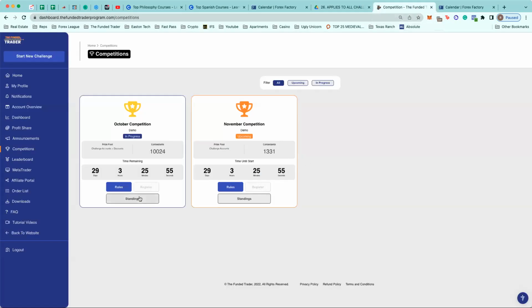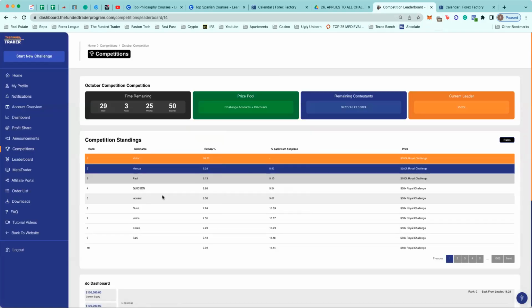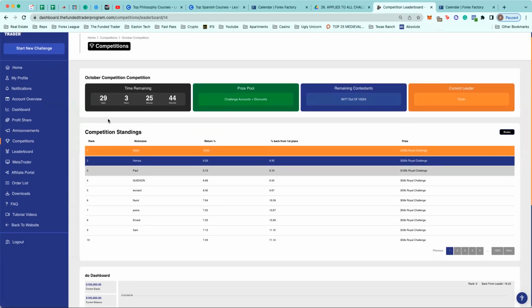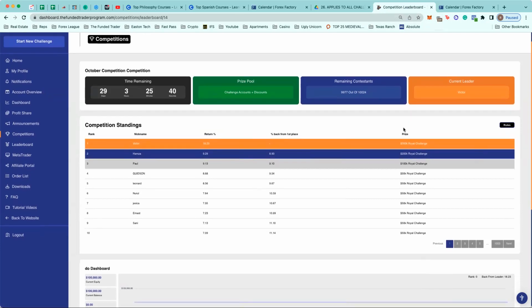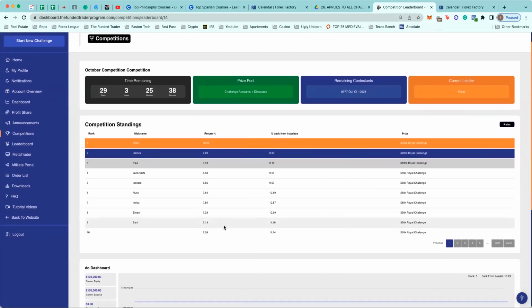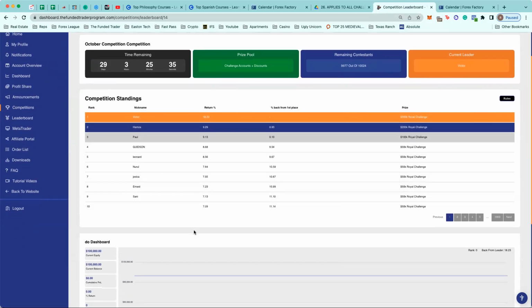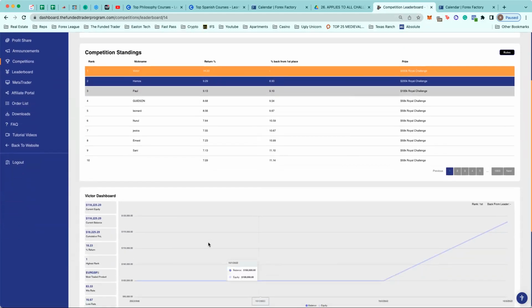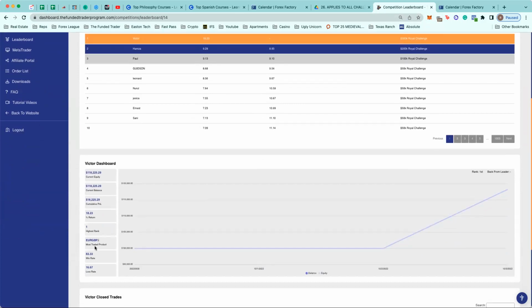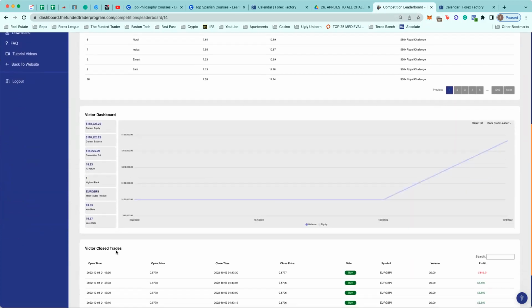So let's come over here. The TFT competition, I mentioned this at the beginning of the session. If you're in the competition this month, we're updating a few things tomorrow, a few bugs that we found. We're adding a search bar here, but as you can see, guys, the month has already started. We've got the leader, he's currently up 18%, up 18,000 on his account.